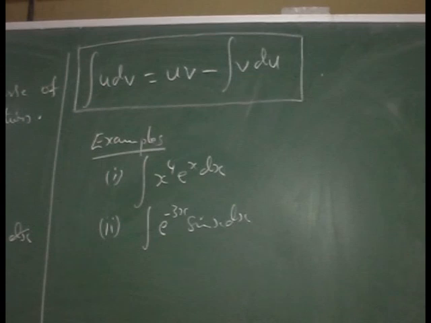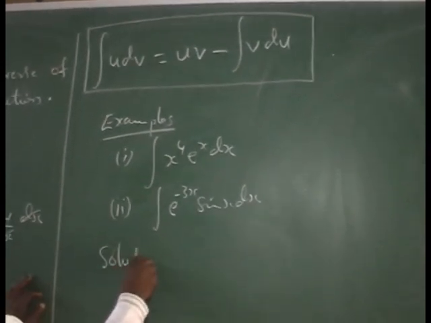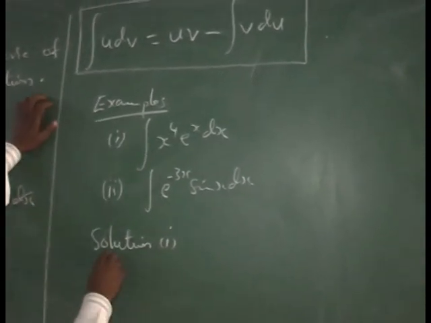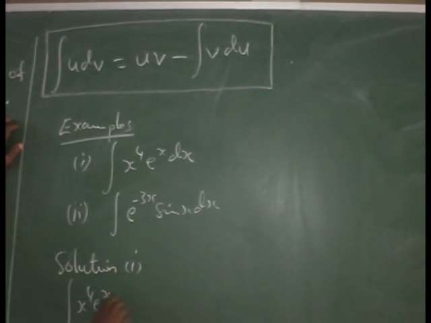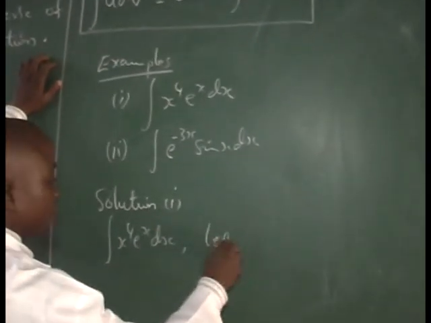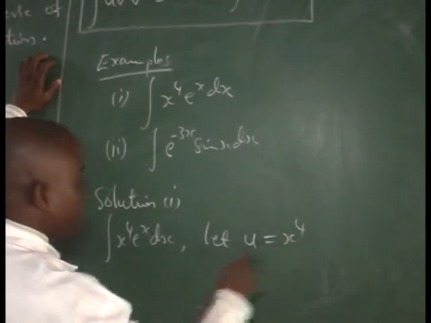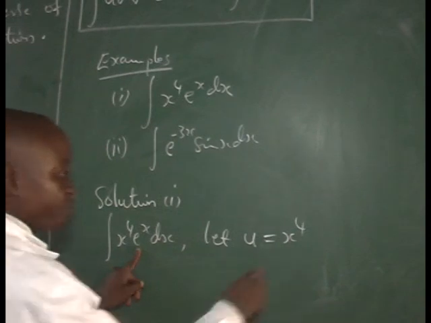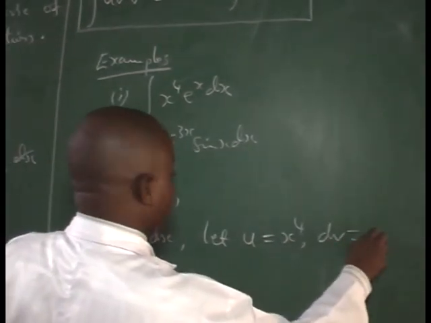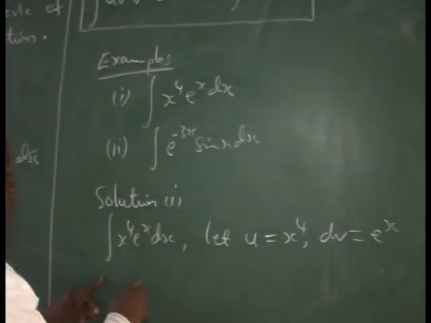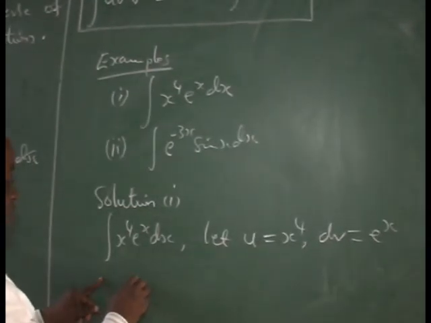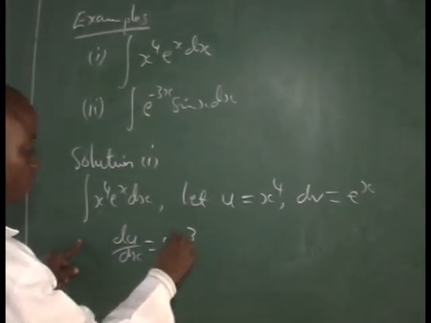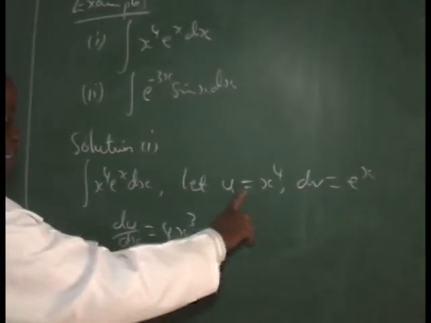Now, solution of I. The integral of x raised to the power 4 times exponential x dx. We will let u be equal to x raised to the power 4. Let u become this one, and this one we call the dv, so dv is equal to exponential x dx. What we need again is du, so du over dx will be 4x cubed, if we differentiate here.